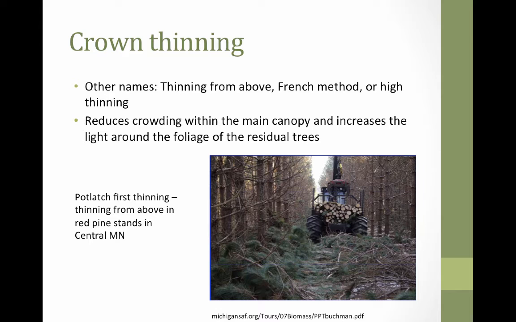Potlatch is one company in Minnesota that uses crown thinnings, and they usually use them on their first thinning, because, as we'll talk about in a second, it allows the thinning to be profitable. It allows it to be commercially viable.